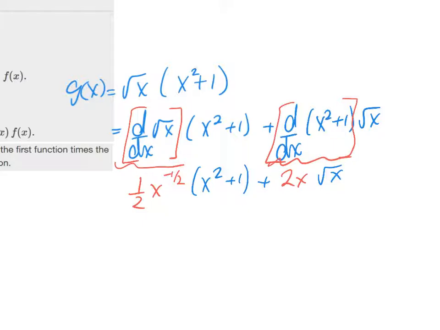To clean this up, I end up with 1/2 the square root of x multiplied by x squared plus 1, and then plus 2x raised to the 1/2 plus 1, so 3/2.